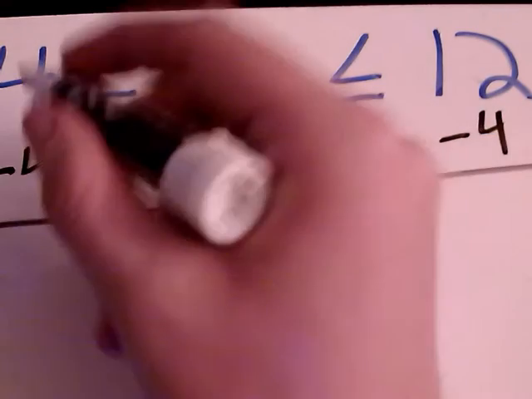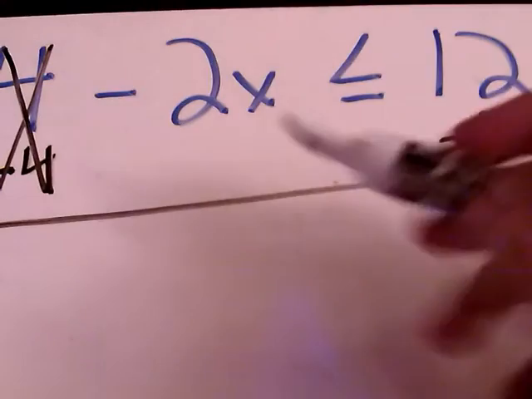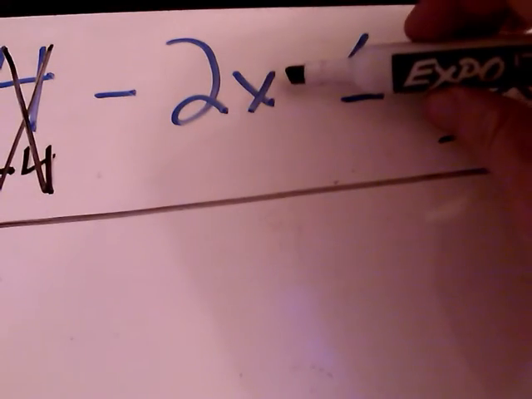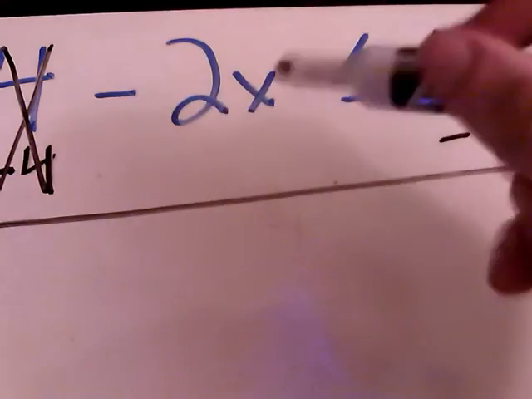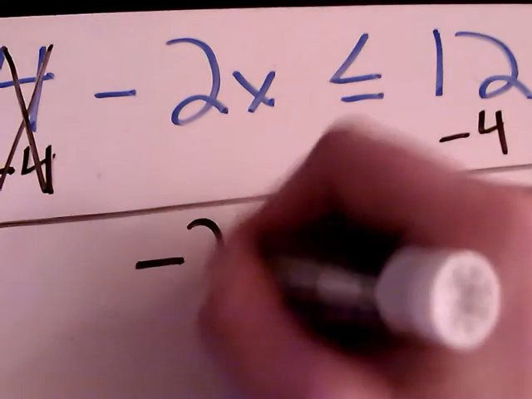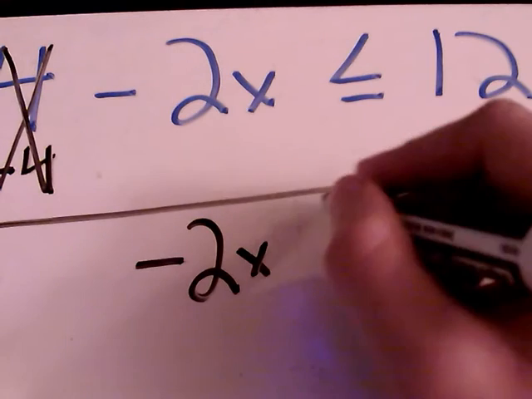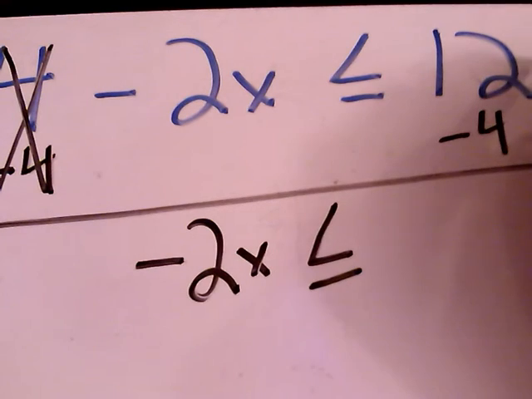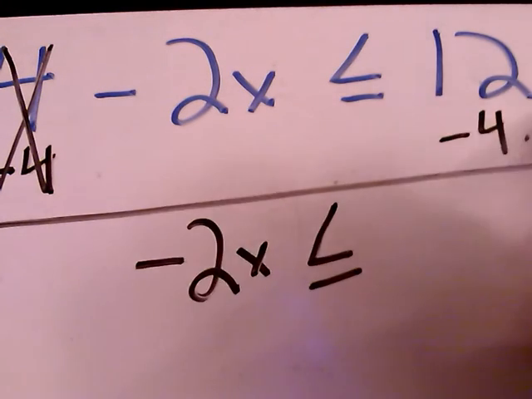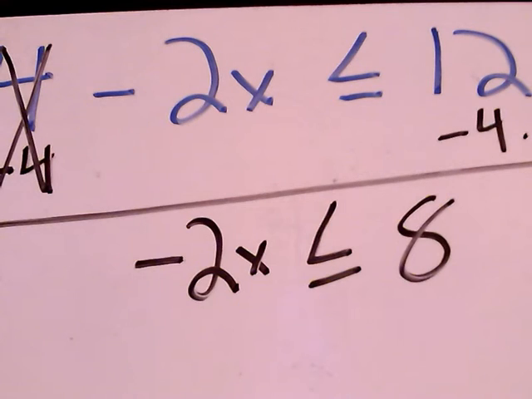Remember, we want to get rid of that positive 4 over here, so we subtract it, so this gets canceled out. But the important thing is you remember, this is not only a 2x, it's a negative 2x. So the negative 2x gets carried down. Less than or equal to stays with it, and then we know that 12 minus 4 is 8.